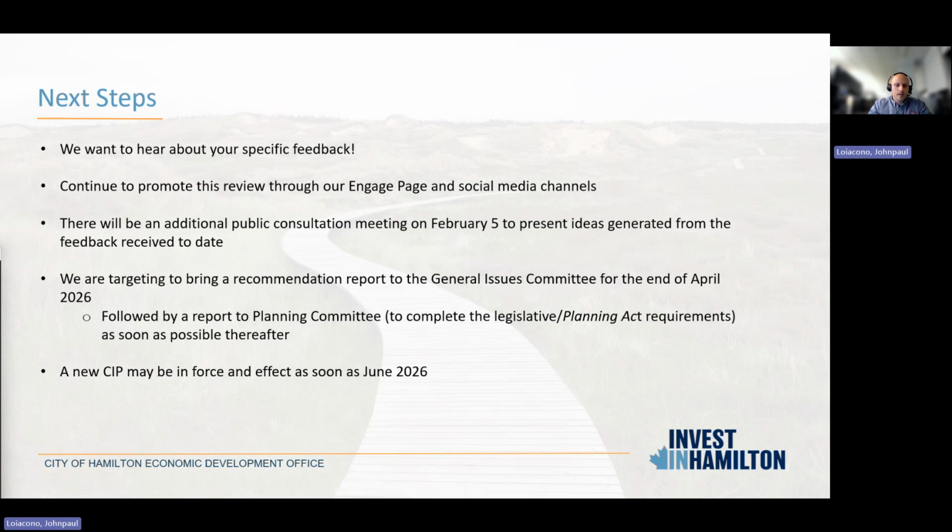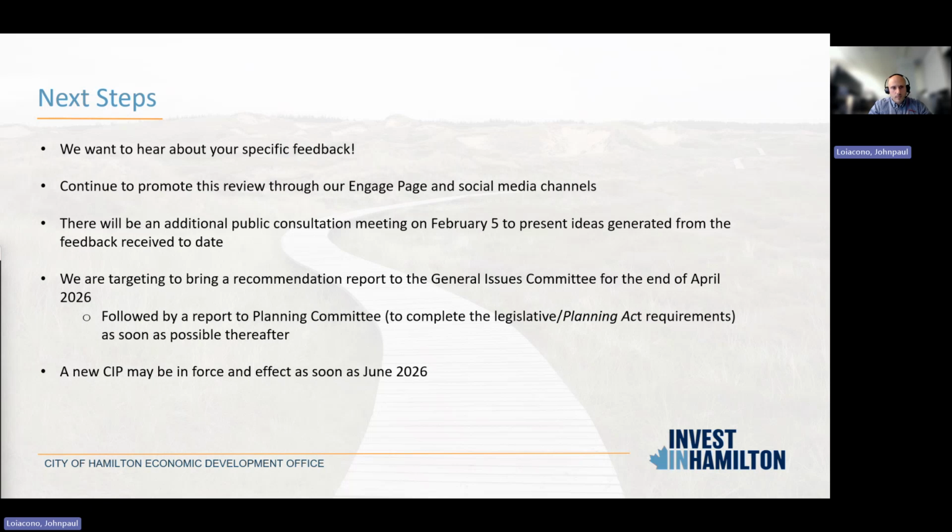There will be another public consultation meeting on February 5th. There, the intention is to present all the feedback we received, to then present some of our ideas based on that feedback, and to perhaps give another opportunity for you to provide some additional comment on that.